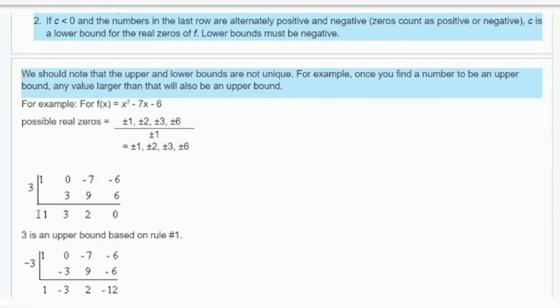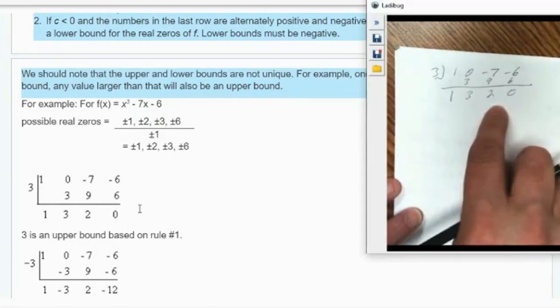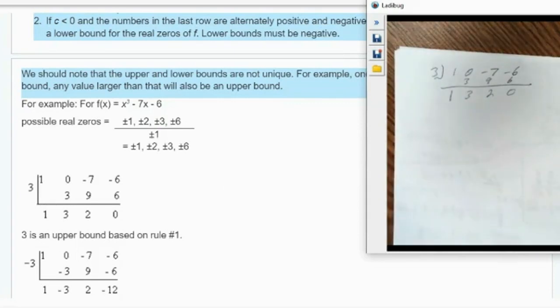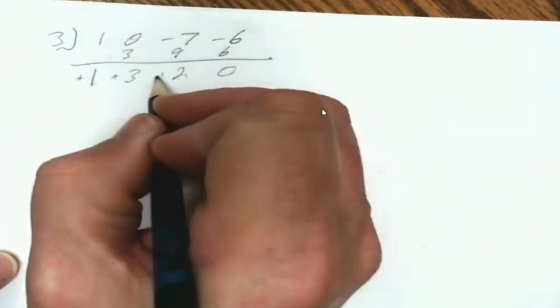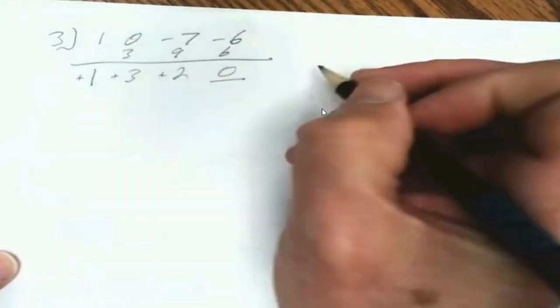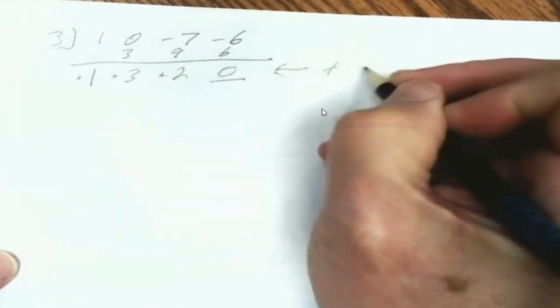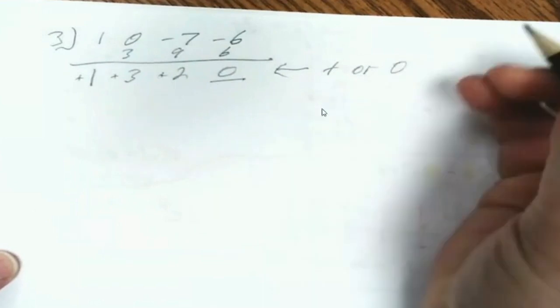Now let me write this down just so I can emphasize some things. 1, 0, -7, -6. Just to make sure you're getting this: when they did synthetic division, everything down here was a positive number or 0.